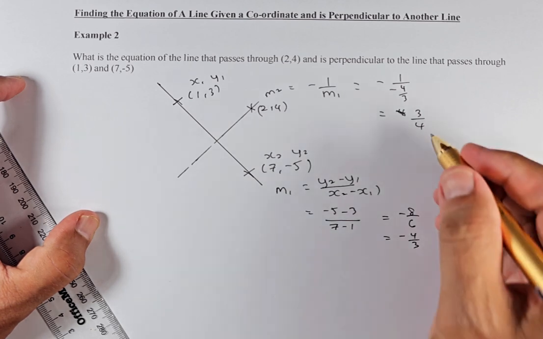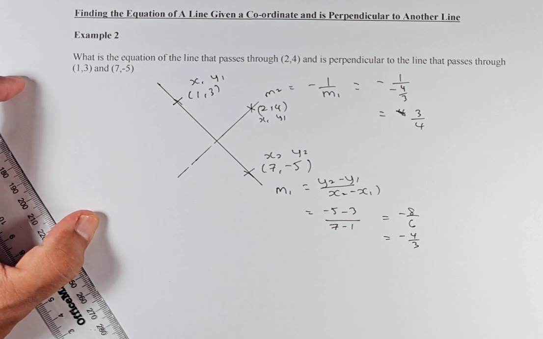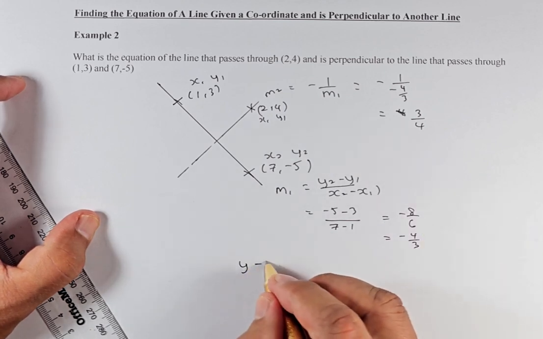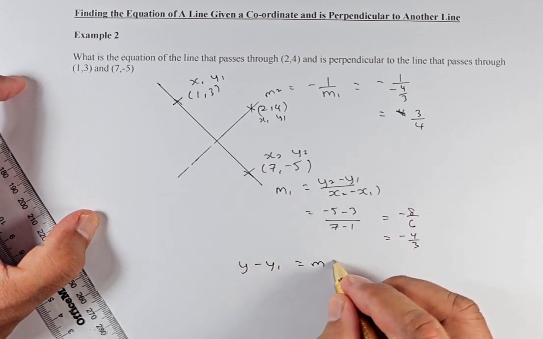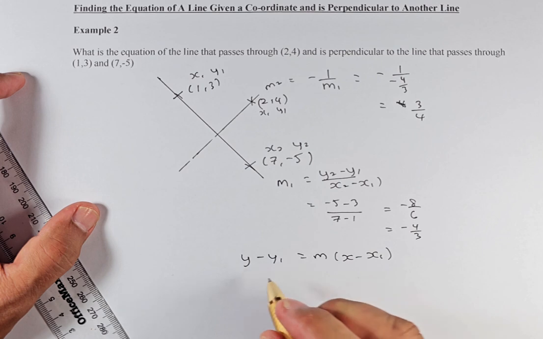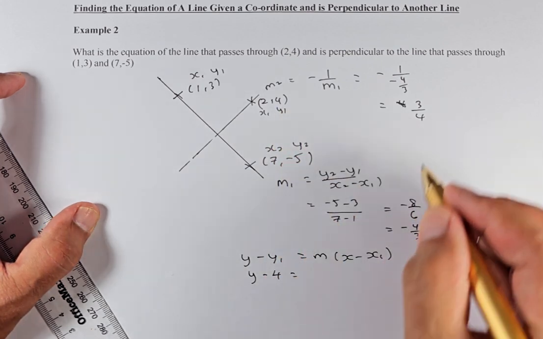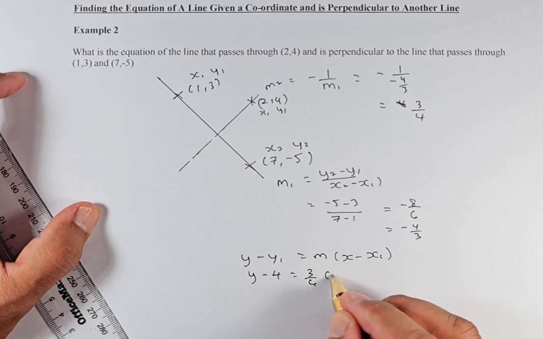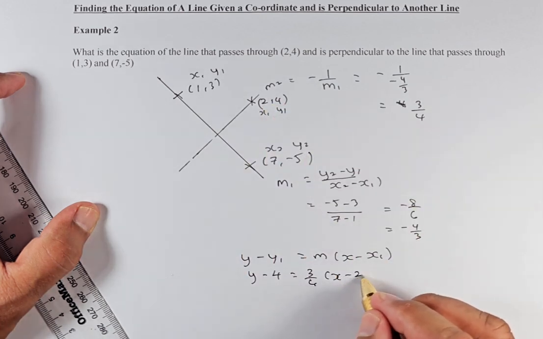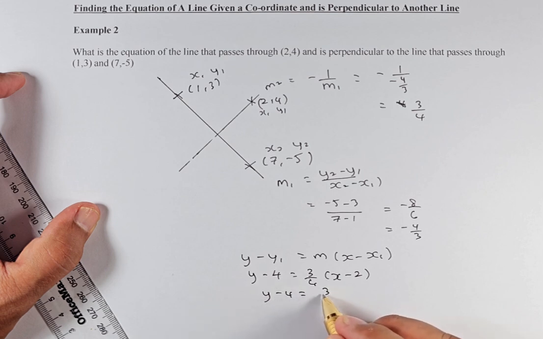Once you know the gradient and you know the coordinate x1, y1, you're going to use the formula y minus y1 equals m(x minus x1), and we are going to find the equation of the line, okay? So now substitute: y minus 4, your y1 is 4, gradient is 3/4 (x minus 2).